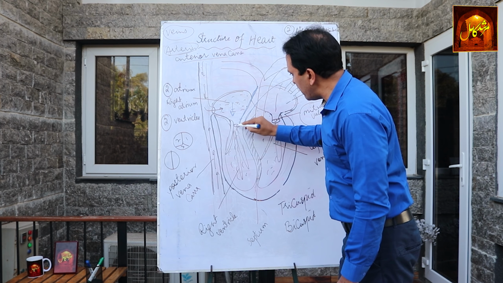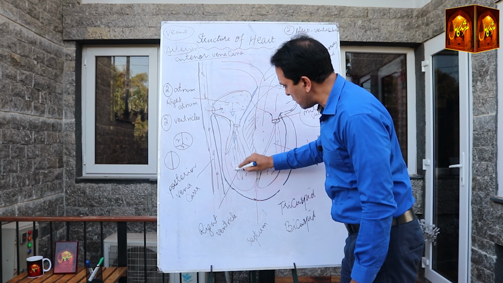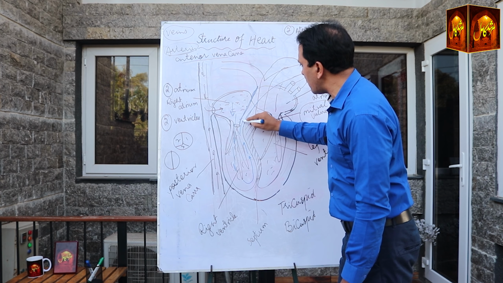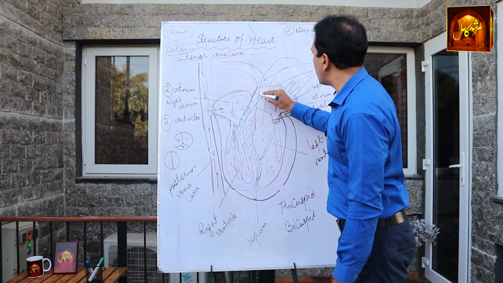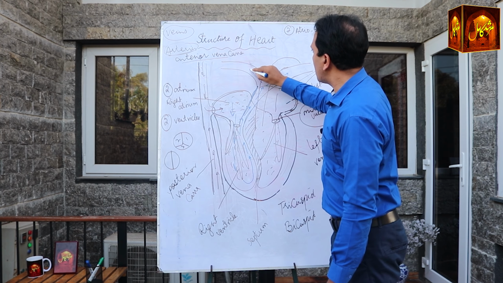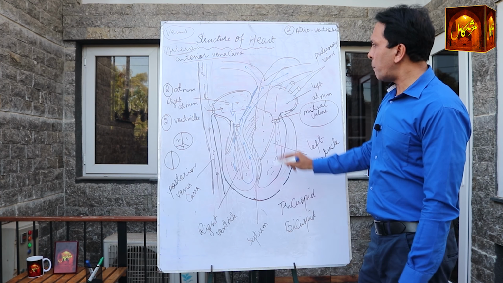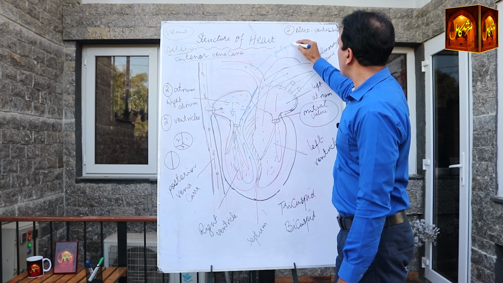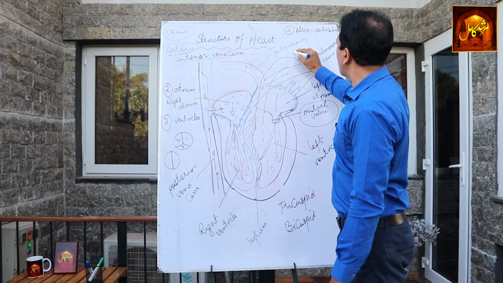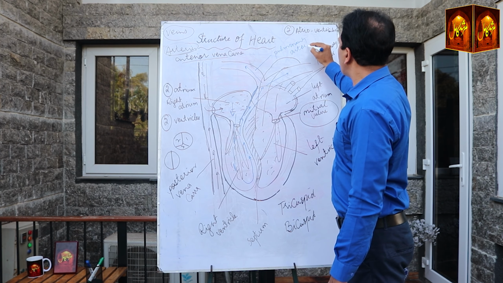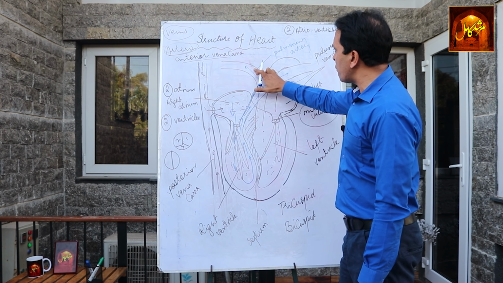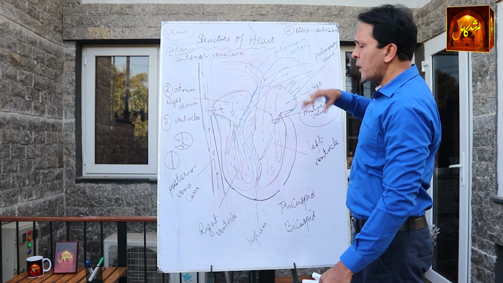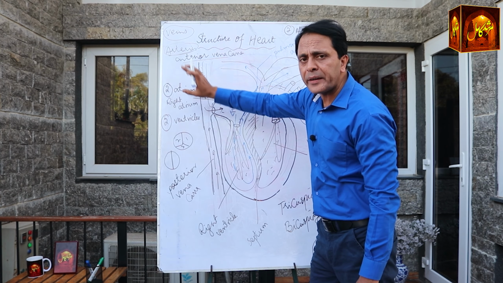So when blood is pumped into the ventricle, from the ventricle it will move into the pulmonary artery. This pulmonary artery will be divided into two parts, one to the left lung and the other to the right lung.